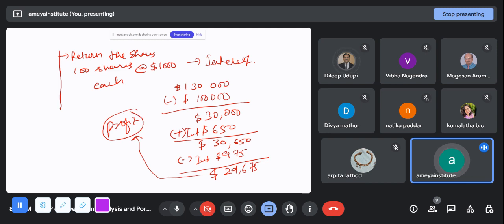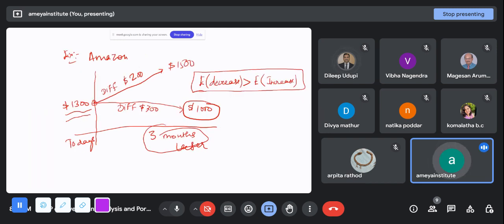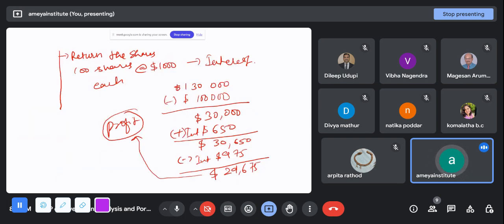Now how did he earn this profit? Because the Amazon share price went down to $1,000, right? Now what if the price goes up to 1,500? This also can happen, right? So in that case, will he earn profit or loss at $1,500?